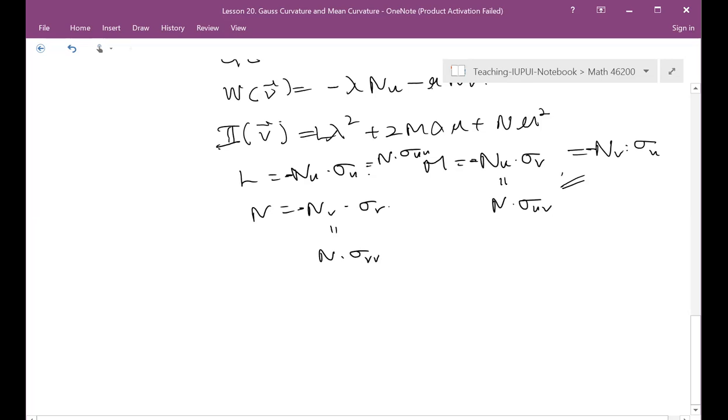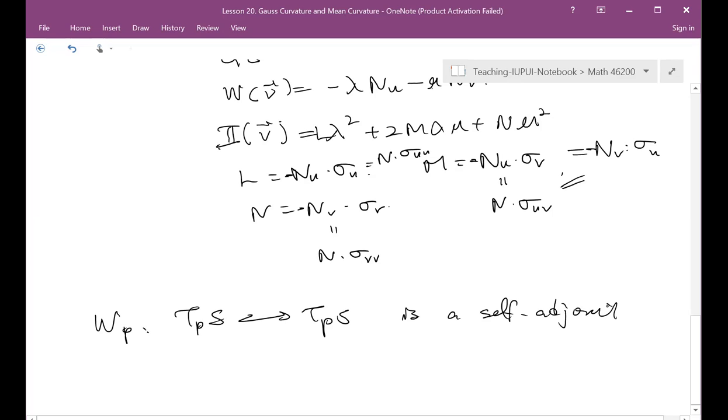So in linear algebra, right, the Weingarten map, which is negative Gauss differential of the Gauss map, is a linear map. Okay, it is a self-adjoint linear map.